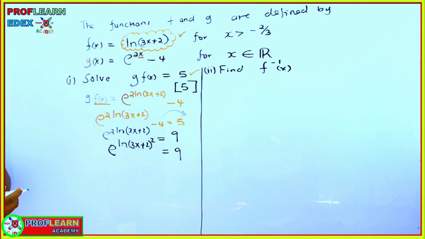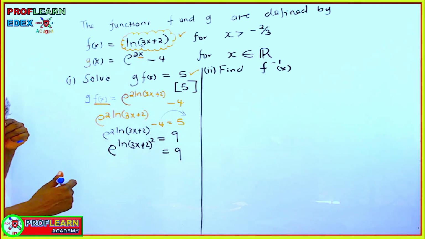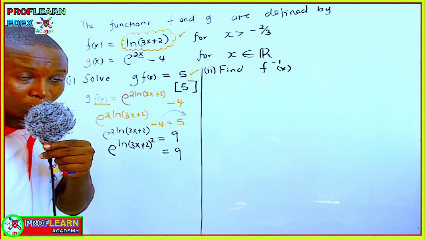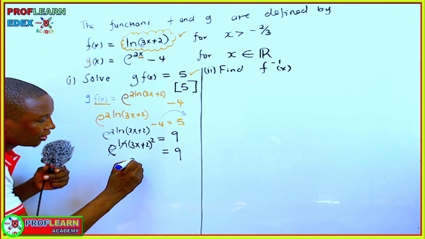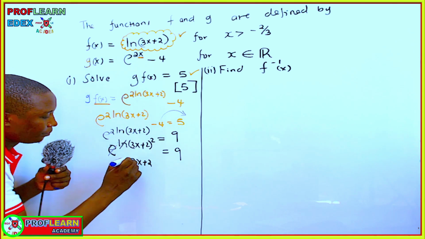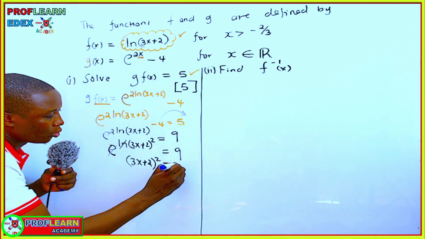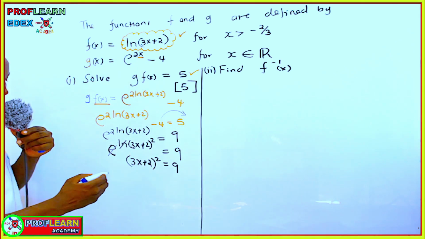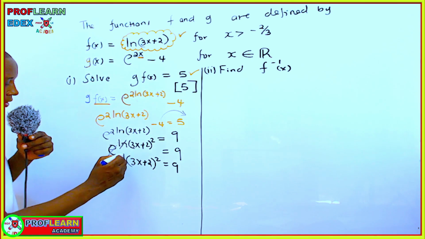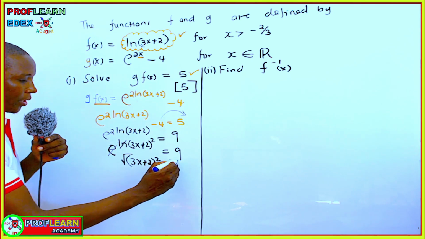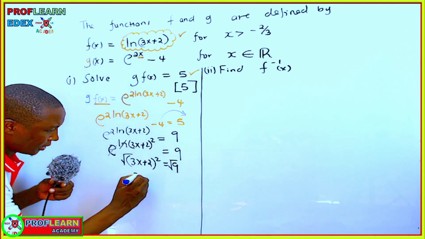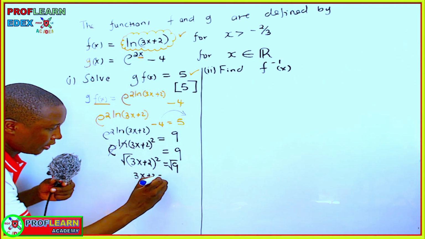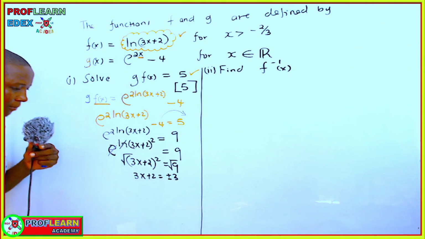Remember, when you have e to the ln, they cancel. So we have (3x + 2) squared equals 9. At this point, I am free to find the square root, and we say 3x + 2 equals plus or minus 3.